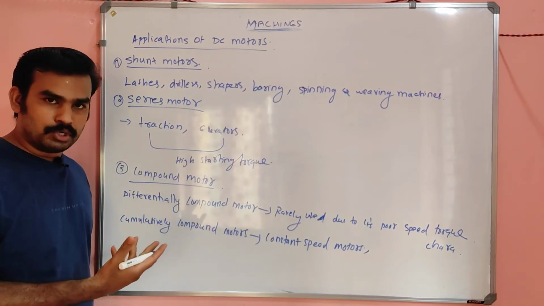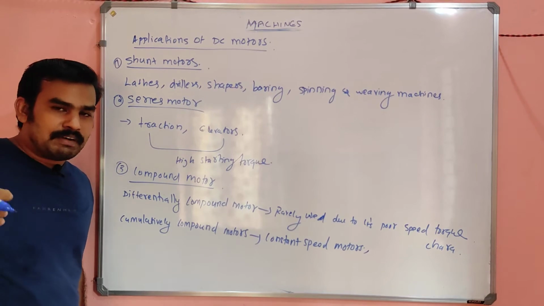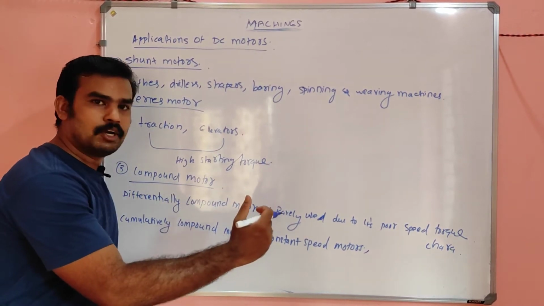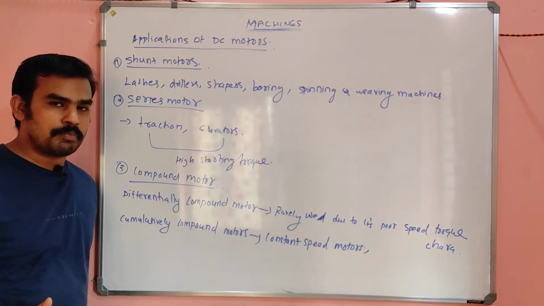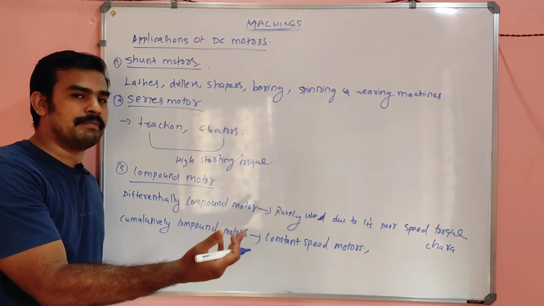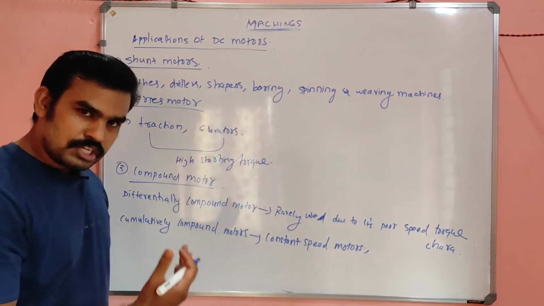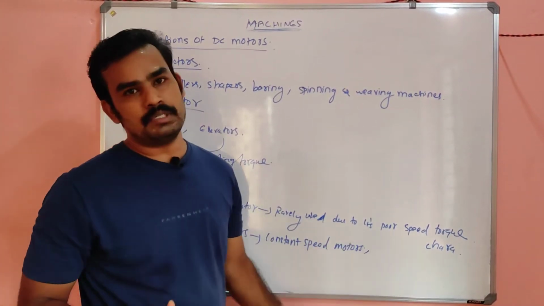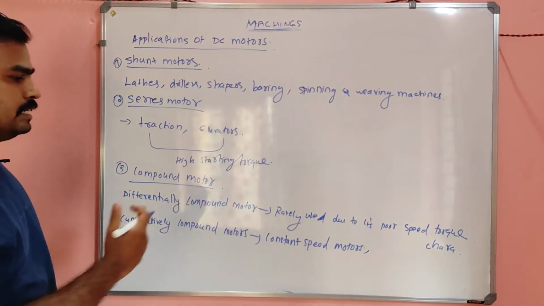It's a constant speed motor, but used where the speed is changing irregularly. That means for some time it is operated at 1500 rpm, for some other time at 1200 rpm, for some other time at 1250 rpm. It is constant speed actually, but there is a chance of speed changing continuously, and it will continuously operate like a shunt machine. It is used there.